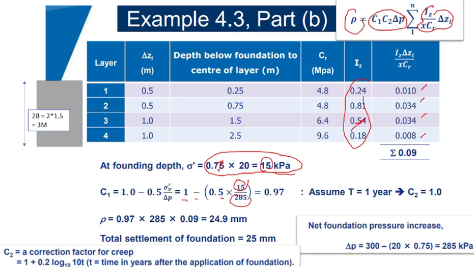And then 285, which is the deduction. You have like the 300 pressure on the soil coming from your building, and then deduct the weight of the soil, then it gives you 285. That means you have 0.97 as your first correction factor.